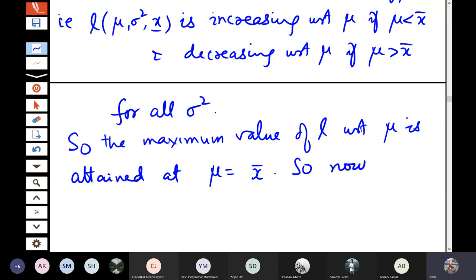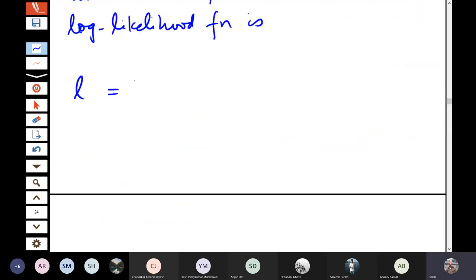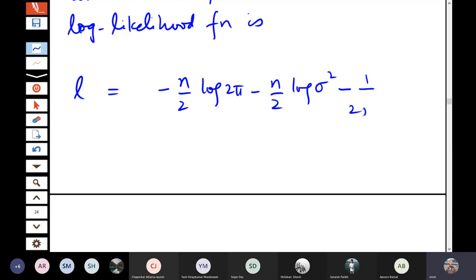So now the log likelihood function becomes L is equal to minus n by 2 log 2 pi minus n by 2 log sigma square minus 1 by 2 sigma square sigma xi minus x bar square, because we can substitute mu is equal to x bar here.